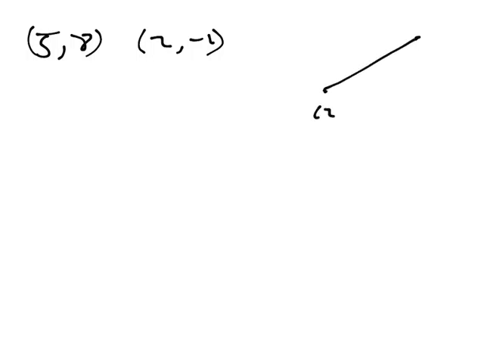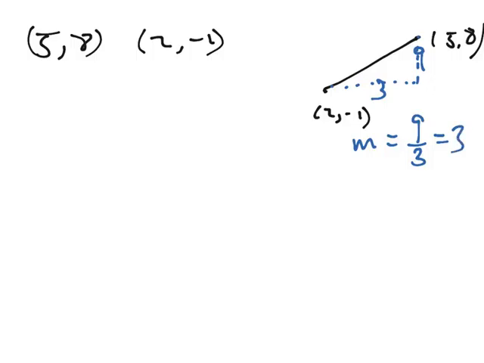That's the point 2, negative 1, and that's the point 5, 8. We have to find the gradient manually, so we just do a quick rise over run. To get from 2 to 5, we go along 3. Negative 1 to 8, we go up 9. So the gradient equals 9 over 3, which is 3.